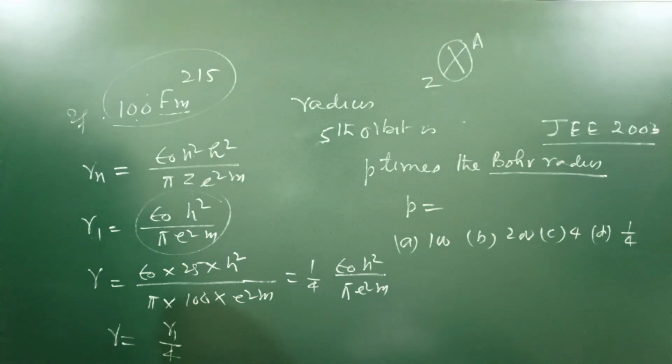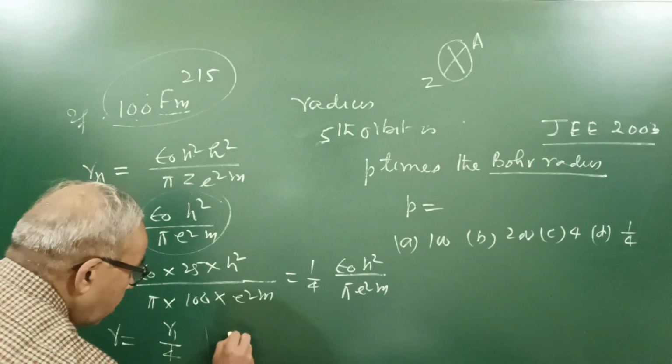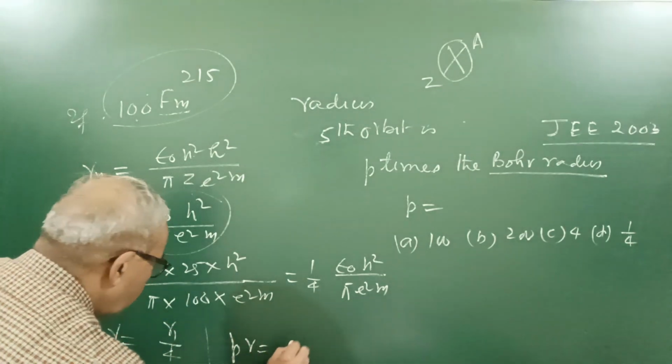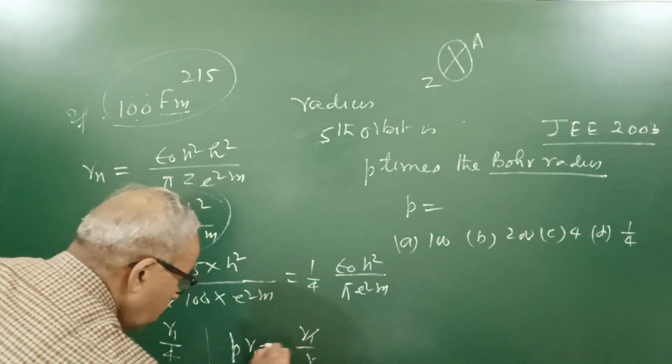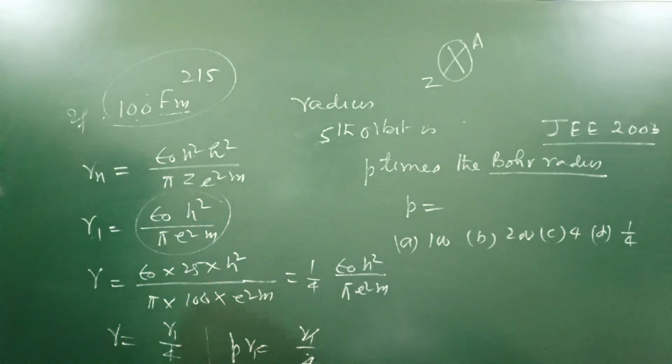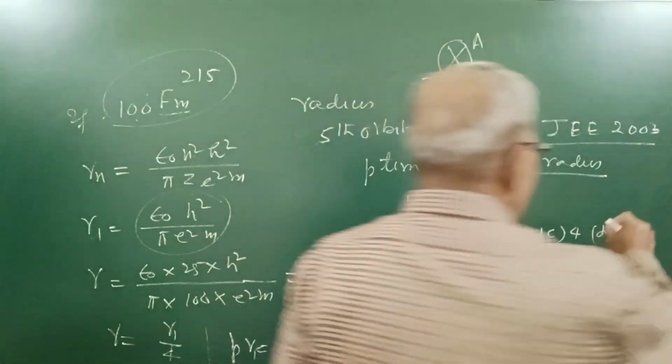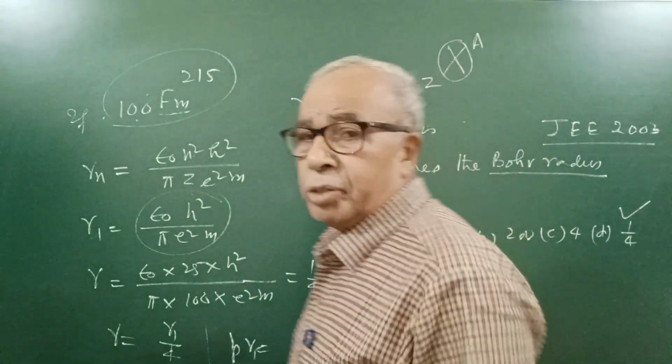So this R equal to P R1, so P R1 equal to R1/4. So P equal to 1/4. Simple answer.